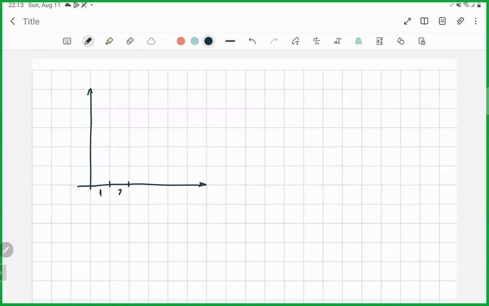Page 1, 2, 3, 4, 5. Let me make this a little longer. 6, and so on. Okay, but in this room here, we have one person who is 4 years old, one person who is 6 years old, and 8. 1, 2, 3, 4, 5, 6, 7, 8.